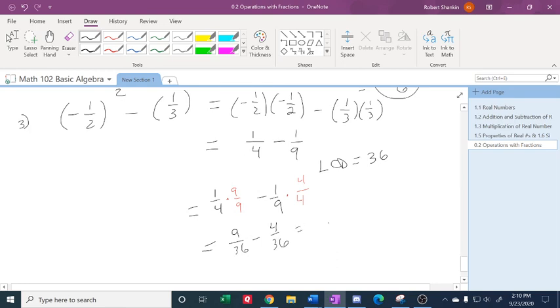And then finally, once the denominators are the same, I subtract the numerators. 9 minus 4 is 5 over 36. Okay. Any questions?